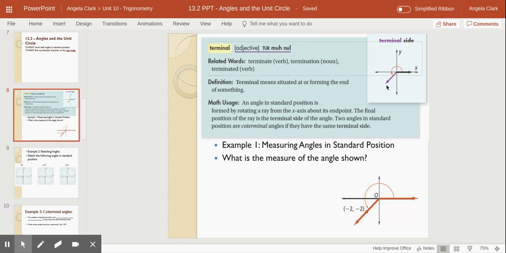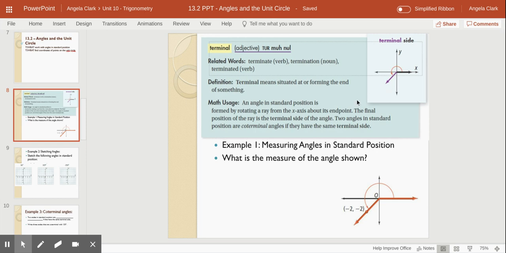So the terminal side is where the angle stops. So a positive angle will go counterclockwise from the positive x-axis to the terminal side, and a negative angle would go clockwise from the positive x-axis to the terminal side.